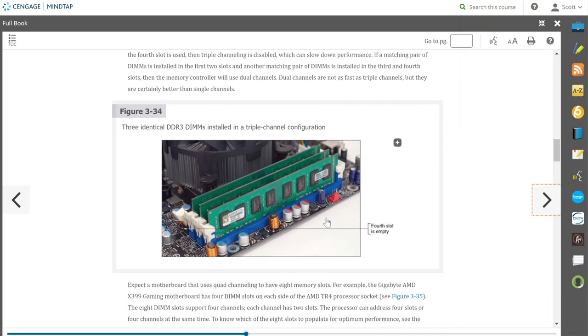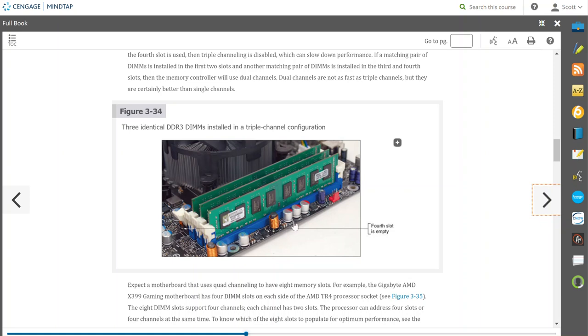Right. The way these things lock into place, there's a couple of different ways, but most of the time what you'll see is on the end of the stick of RAM will be a little notch cut out of it. It's on both ends. It only goes in one way. If you remember, this got a little notch in it. So it can only go in there one way.